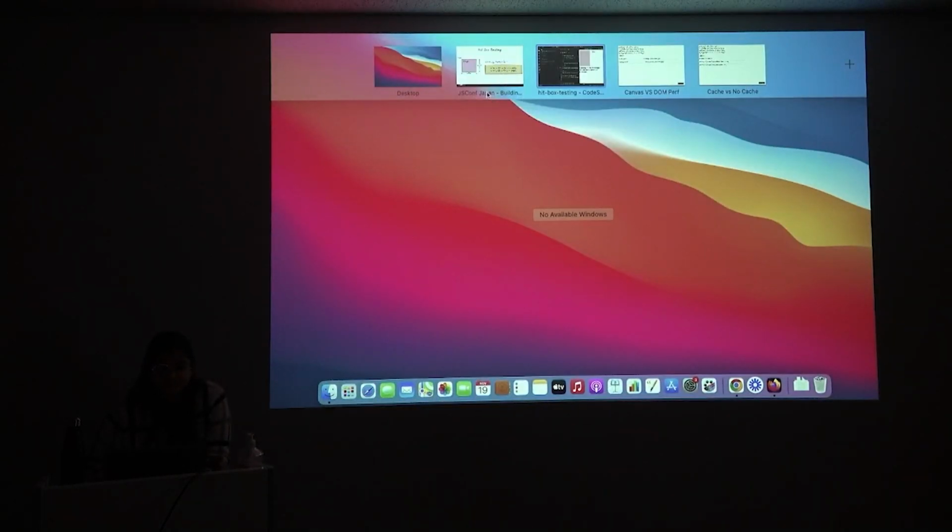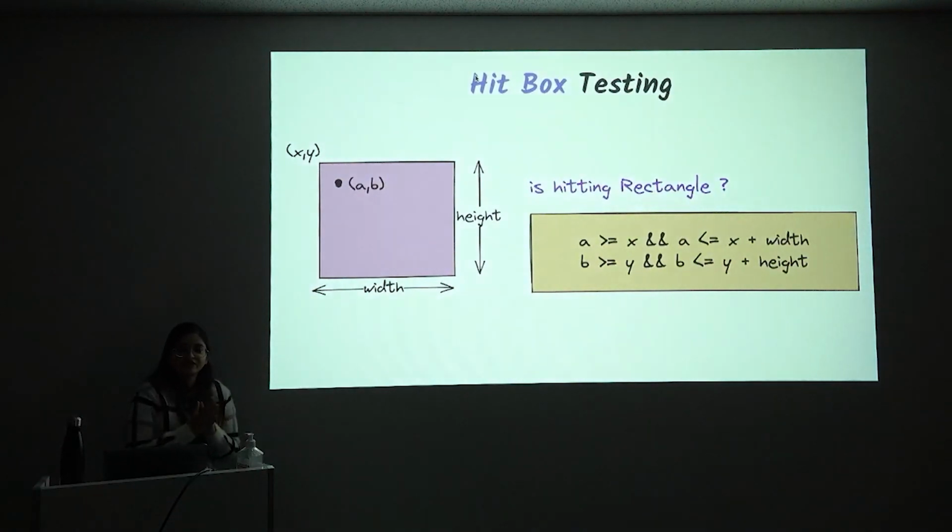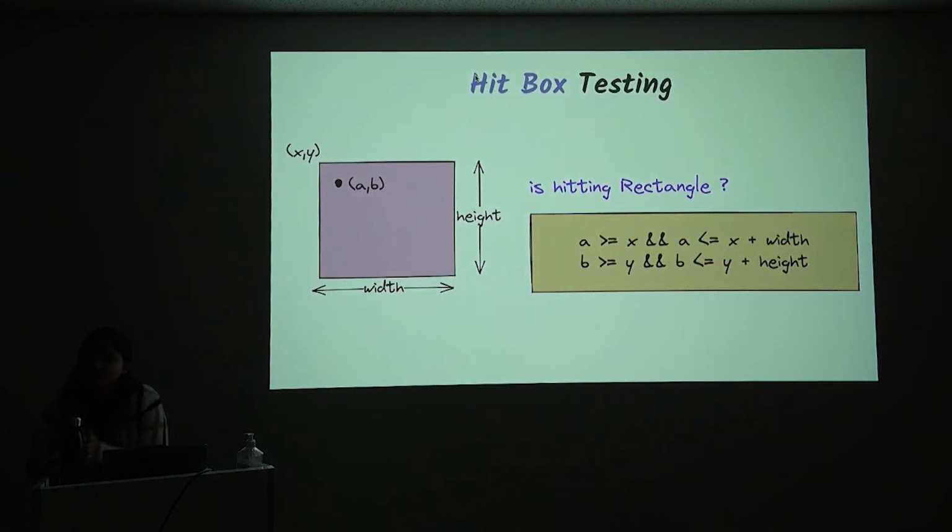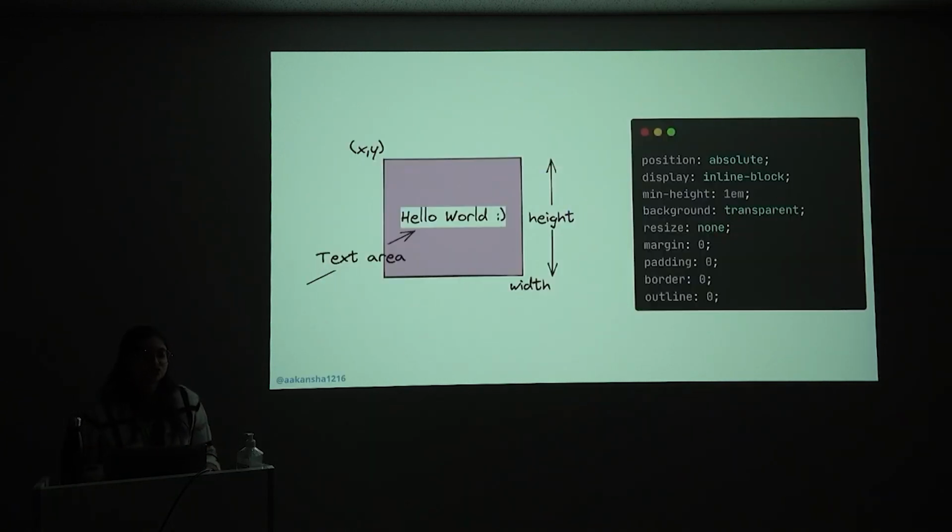So let's go back to the slides. Once we do this, we can identify the target container, and after that you can add the keyboard listener, mouse listener, whichever way you want. Once we have identified the target container, we can add a text area on top of the canvas so that the user can start typing.